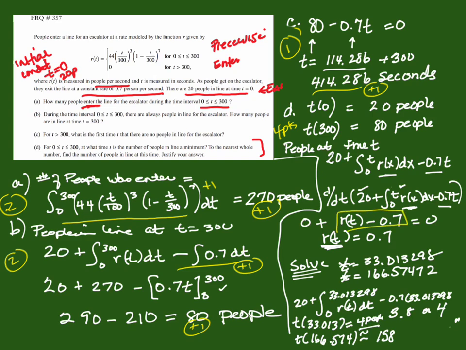You need that somewhere, you get 1. Identifies 33.013 somewhere, you get another point. The answer, 4 people, gets you another point. And the explanation, which would be your chart carried on, would be your other point. So that was 4 points for that. So that's FRQ 357.